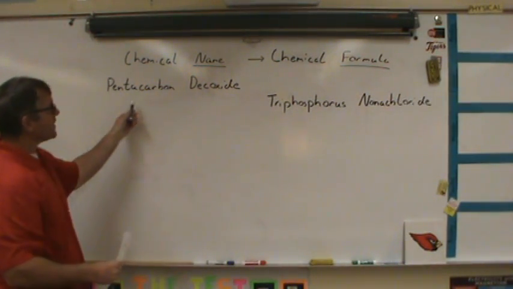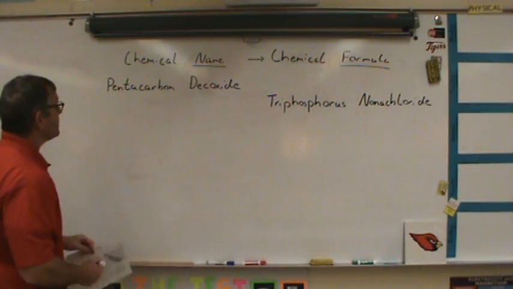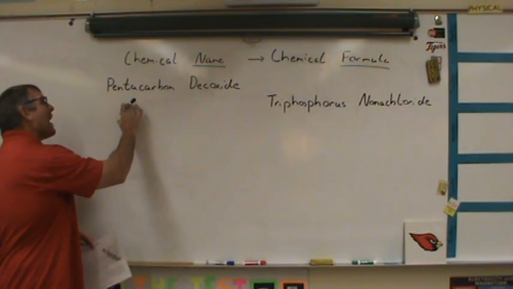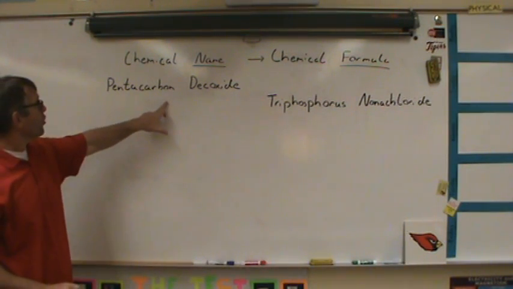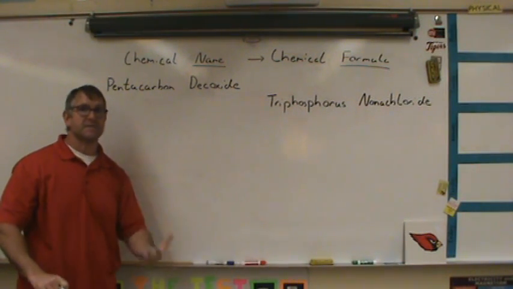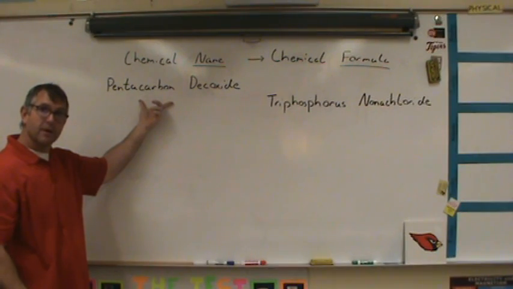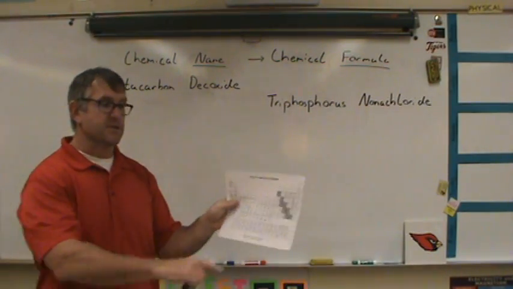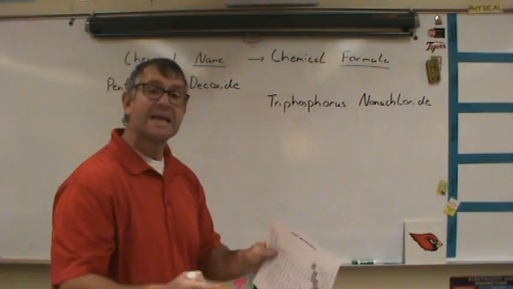We have pentacarbon dicoxide. Looking at this, we have to figure out what element we might have right here. If you're looking at this whole word, pentacarbon, what element do you see? Hopefully you recognize you have carbon. Carbon on the periodic table is to the right of the stair-step line, the metalloids, and therefore carbon is a non-metal.